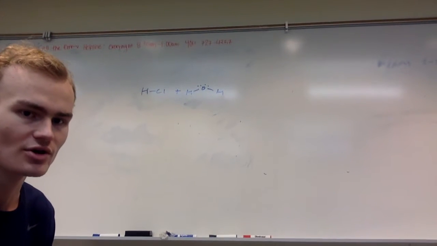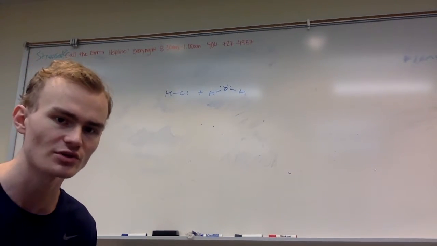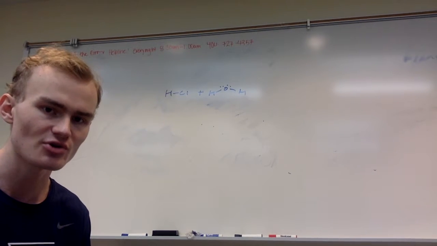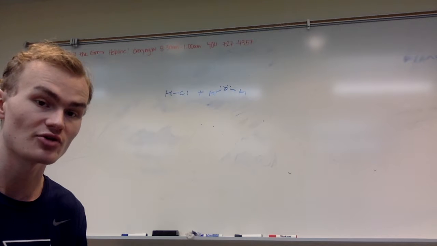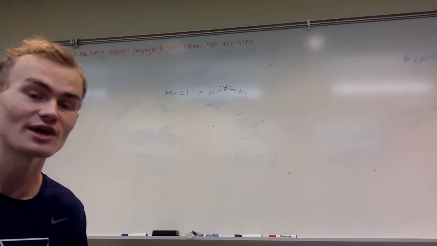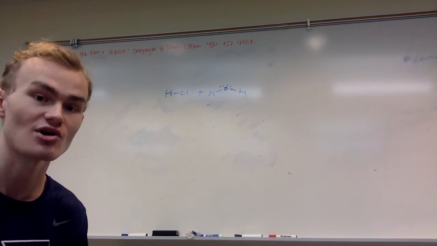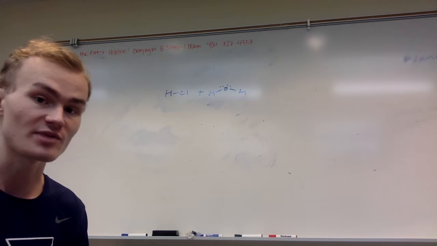So now the question is, which one is going to be the acid and which one is going to be the base? It turns out that the stronger acid will end up being the acid, and the acid that isn't as strong will be the base. Specifically, we can look at the pKa value.